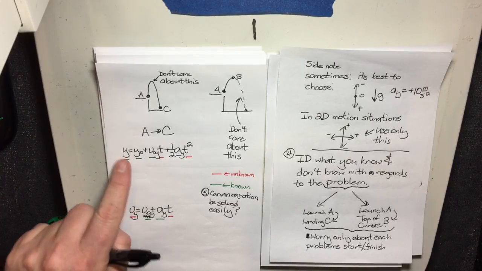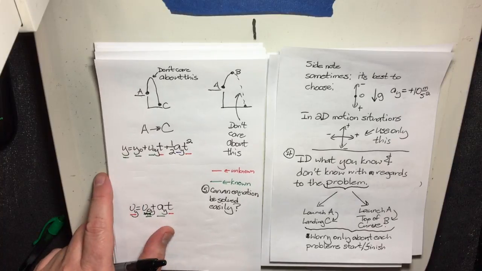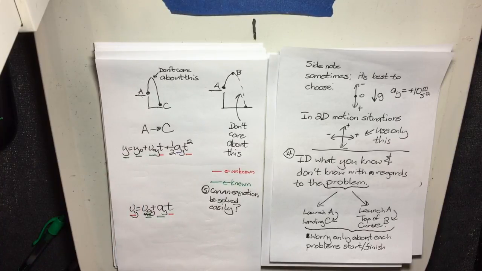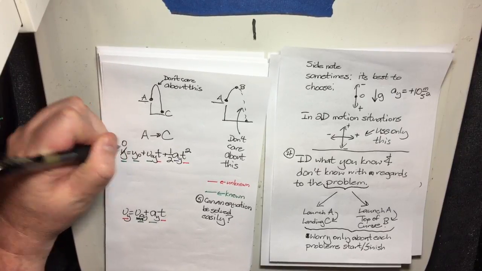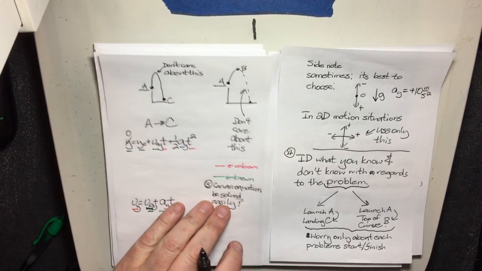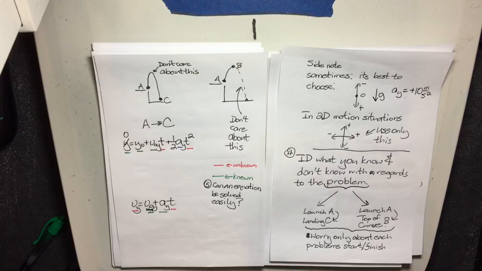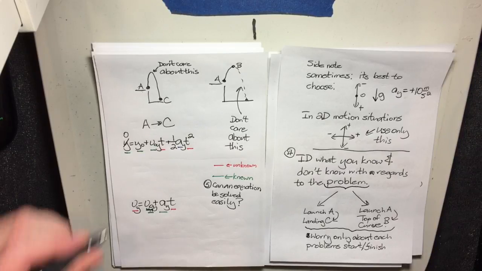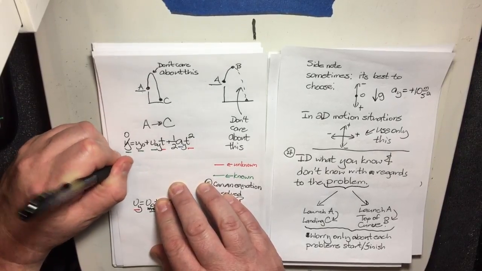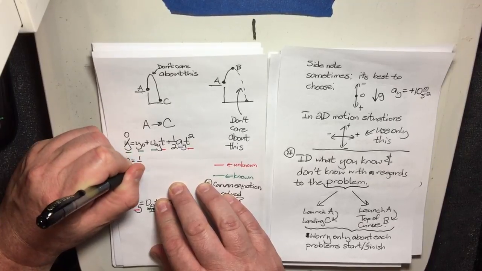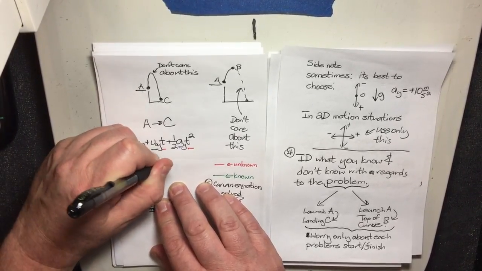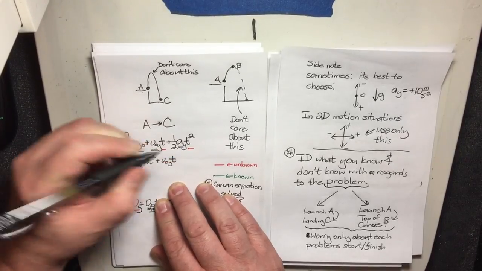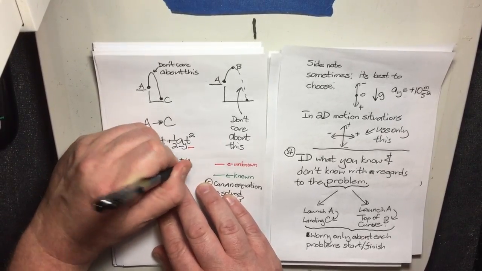What is my 0 in this equation? Y. The final Y position is 0. Now, this problem was done in this particular way because 0 equals 1/2 a t squared plus v naught y t plus y naught.